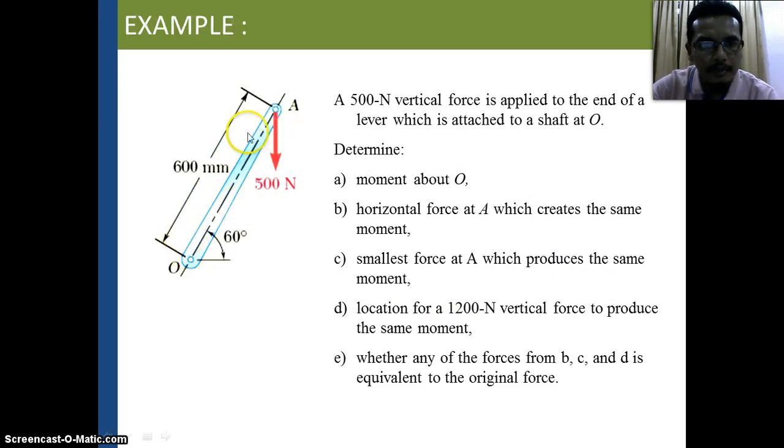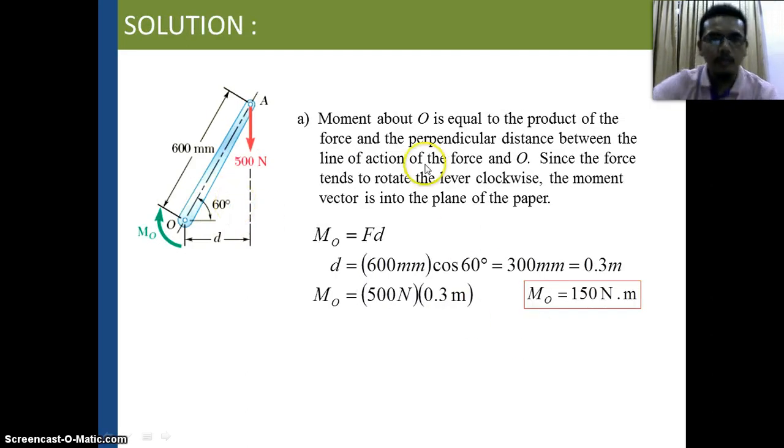We have this distance of 600 mm, but the 500 Newton force is not perpendicular to this 600 mm. So we must find the perpendicular distance from the force to the 600 mm. We have the 500 Newton force here. The perpendicular distance to point O is this D, not 600 mm.